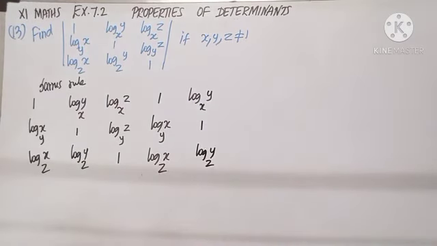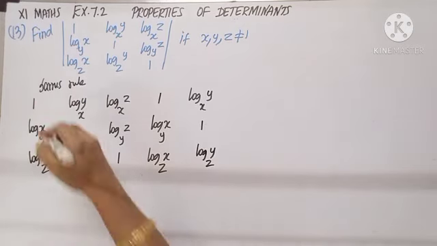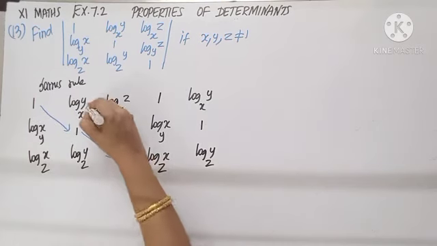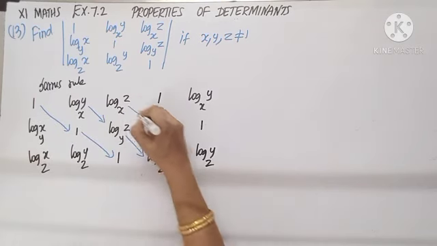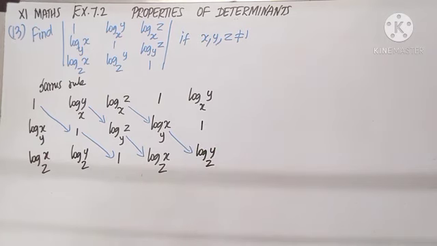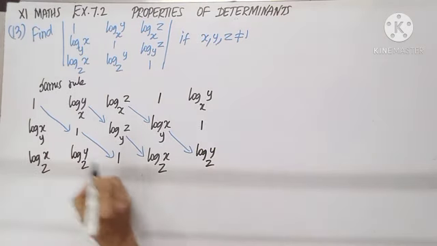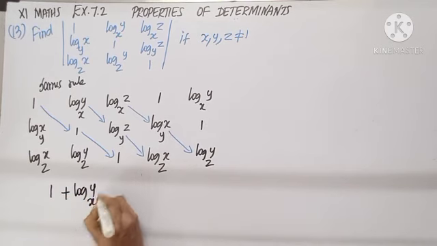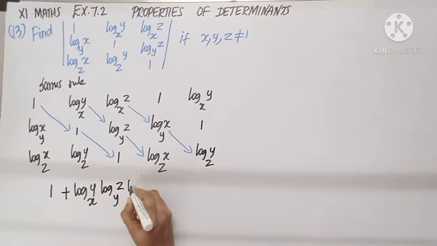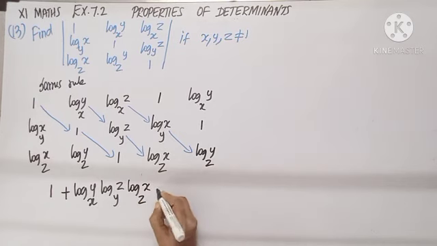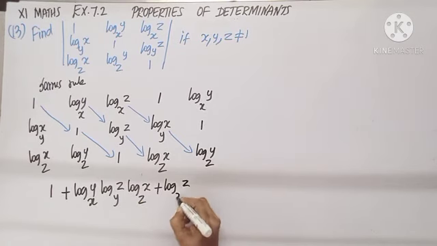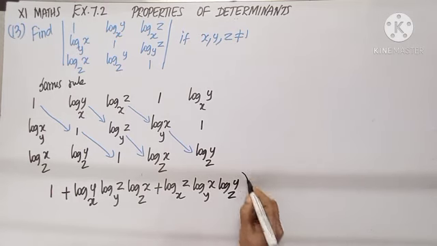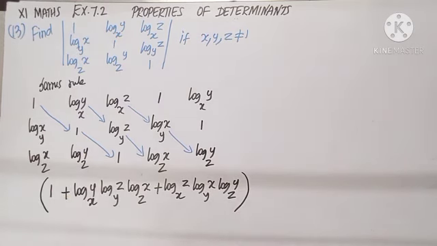Remember how to multiply. Diagonally we put arrow mark. 1, 1, 1, the second and the third. As I multiply, 1 into 1 into 1, 1 plus log y base x, z base y, x base z plus log z base x, x base y, y base z. So the first product is over.